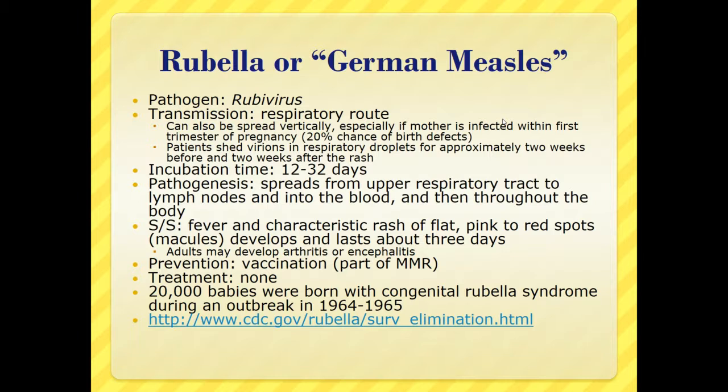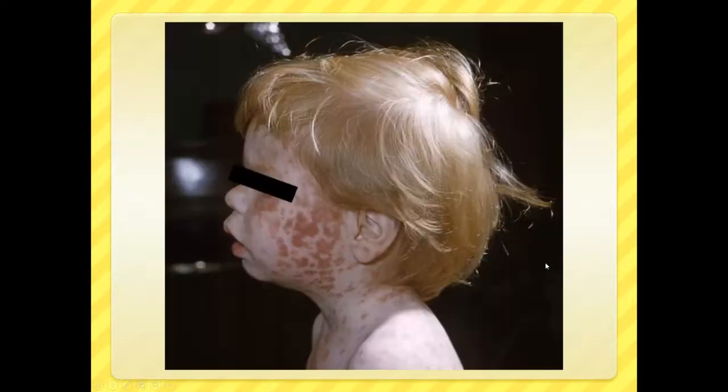However, there is an exception, and that is to fetuses. Rubella can spread vertically, and if that happens, there's about a 20% chance of birth defects. There was an outbreak of rubella in the mid-60s, and 20,000 babies were born with congenital rubella.